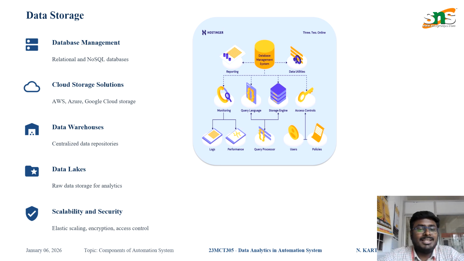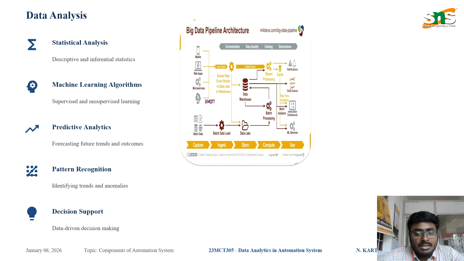Now the exciting part is data analytics. This is where data turns into intelligence. We start with statistical analysis, that is descriptive statistics, meaning trends, and inferential statistics, that is hypothesis testing. Then we move to machine learning algorithms, supervised for prediction and unsupervised for clustering anomalies, followed by predictive analytics, which is a game changer in automation.